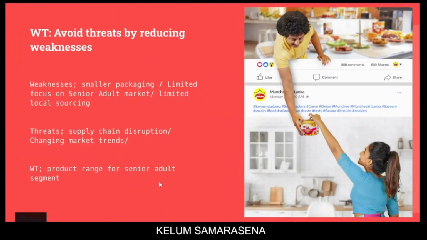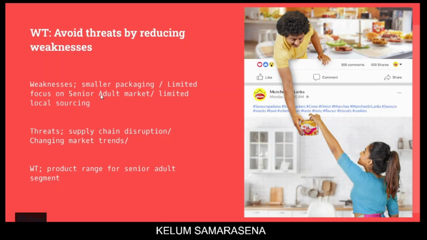And then let's focus on, identify the threats, try to avoid them, and then try to do the same for the weaknesses. What about the weaknesses? Smaller packaging. Munchie comes in small packages, so even for a family needing a monthly supplement of biscuits, they have to buy lots of small packets. Only a limited range of Munchie products are available in big ones like these tins or the big boxes.